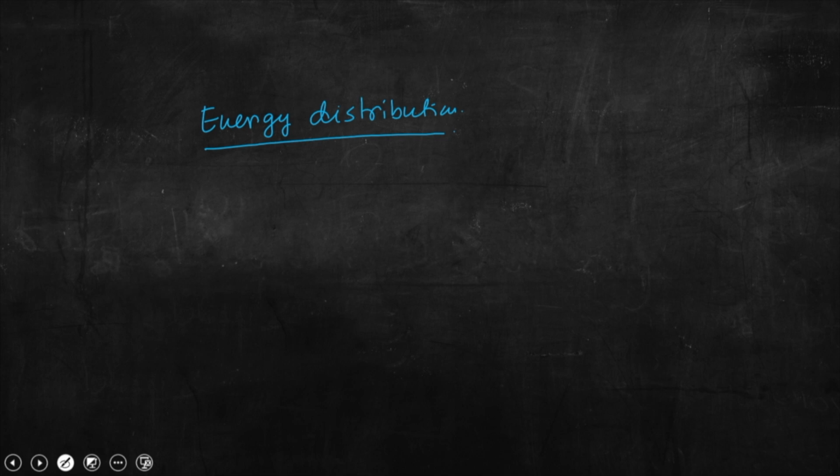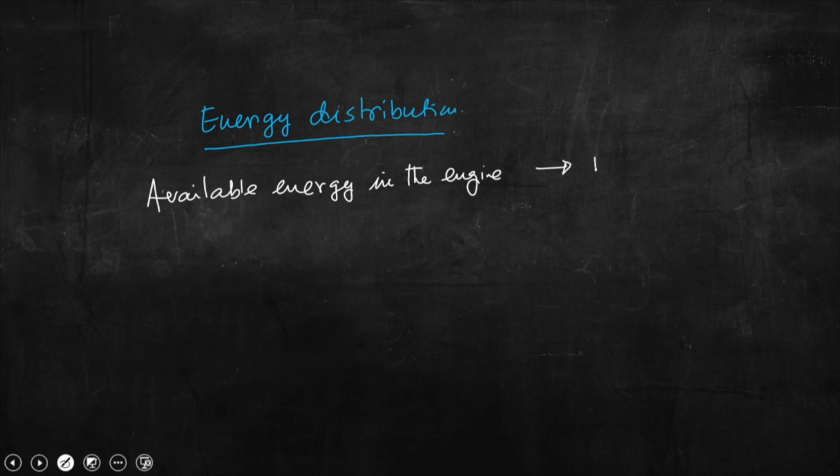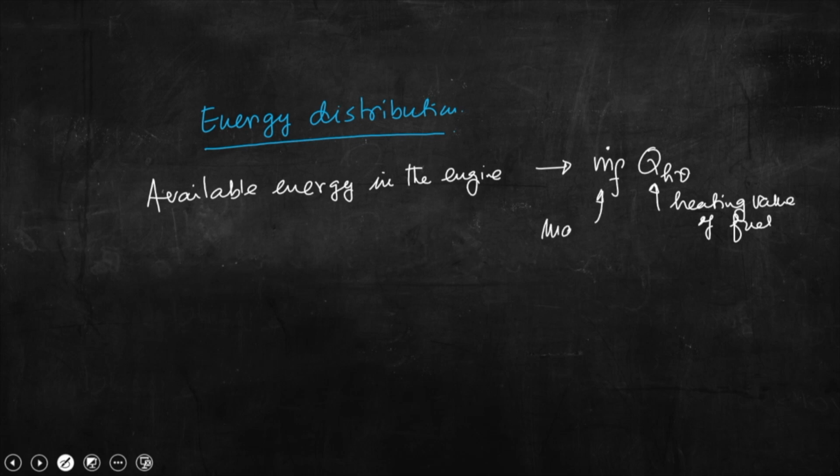So, if we write here, the available energy in the engine is mass flow rate of fuel times heating value of fuel.